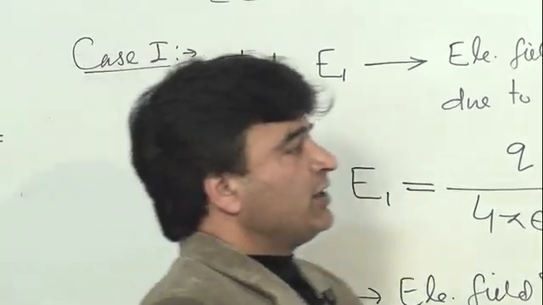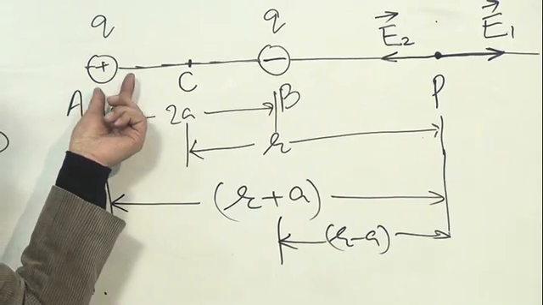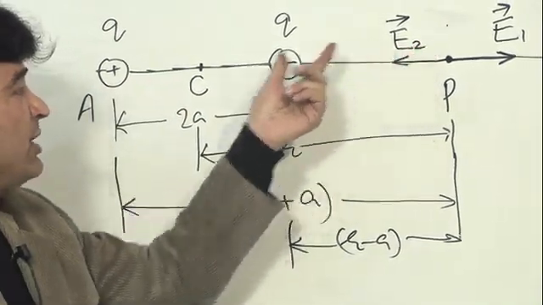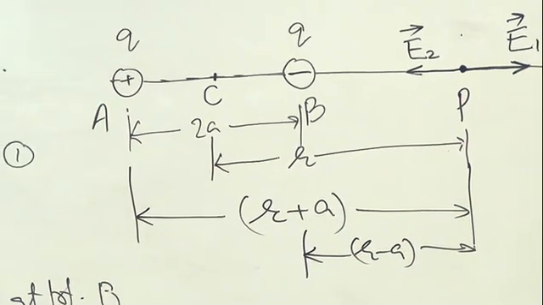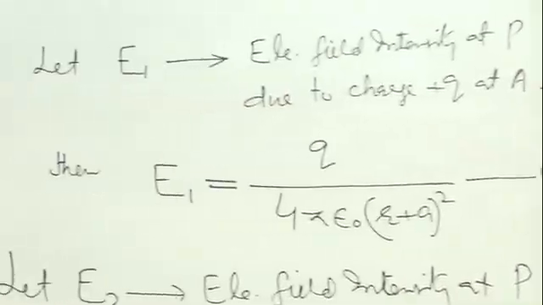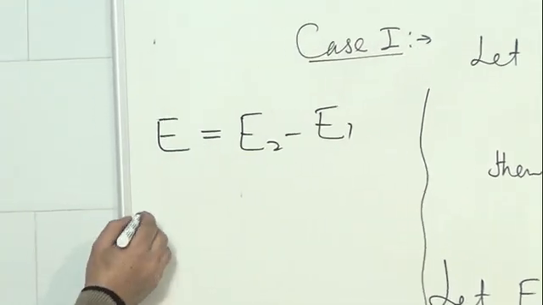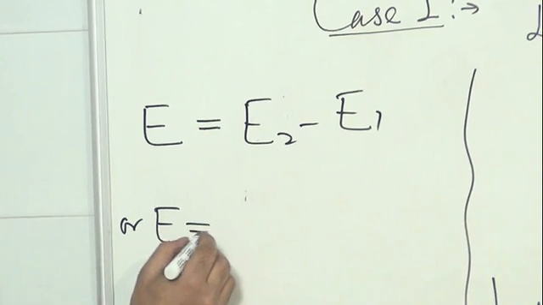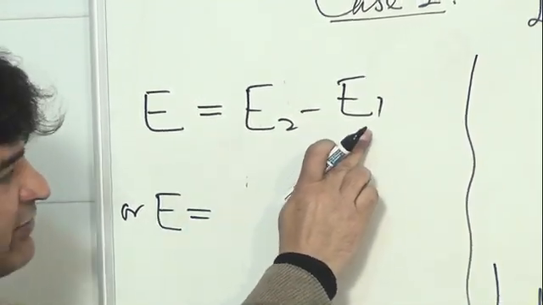Since the negative charge is closer to point P than the positive charge, E2 will be more than E1. So if we take the difference in magnitude, it is E2 minus E1. E, the net electric field at P due to the dipole, will be equal to E2 minus E1.